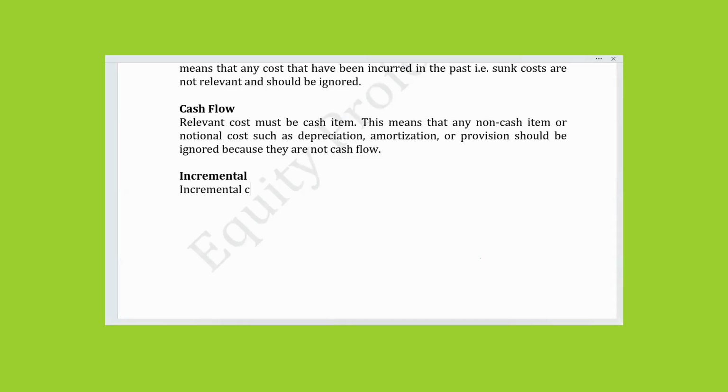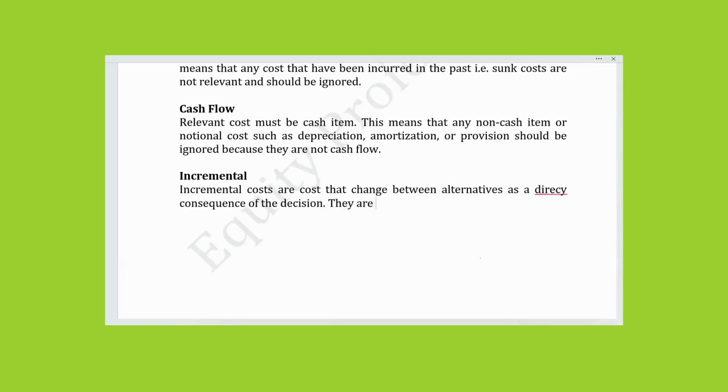So incremental costs are costs that change between alternatives as a direct consequence of the decision taking.